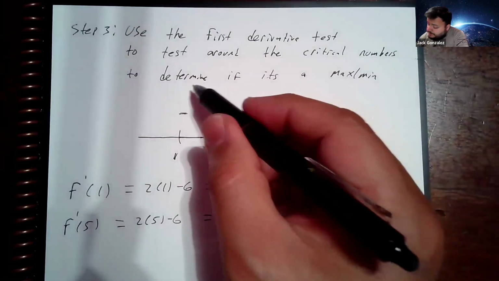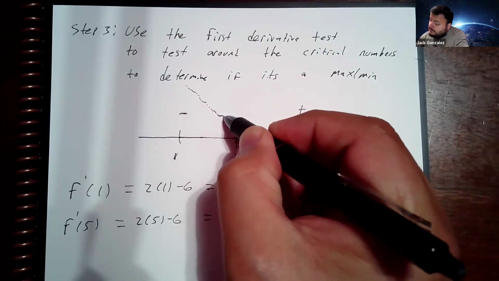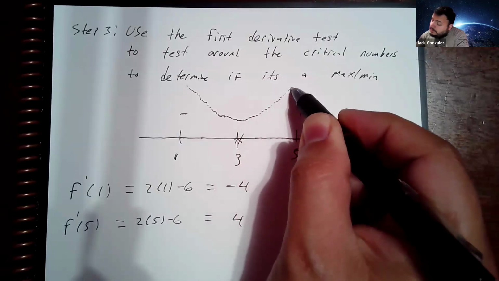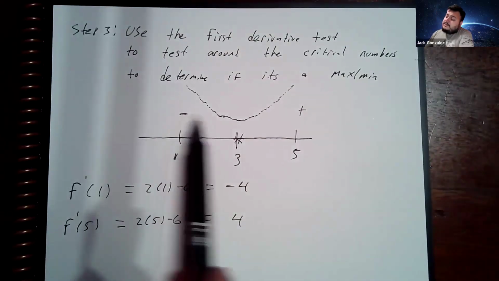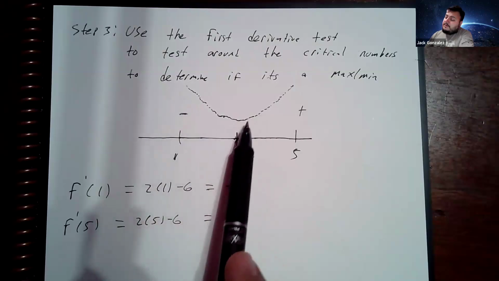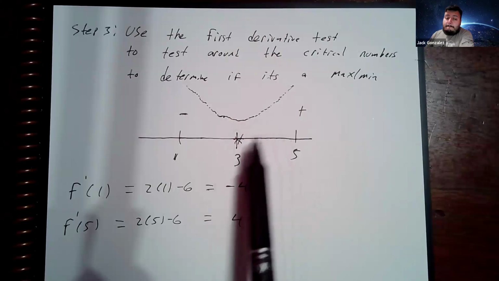What I want you to picture is that everything before the critical number is decreasing, and then after the critical number we have a change and it begins to increase. So going from minus to plus means we have some sort of minimum type critical number. You see how you determine it?